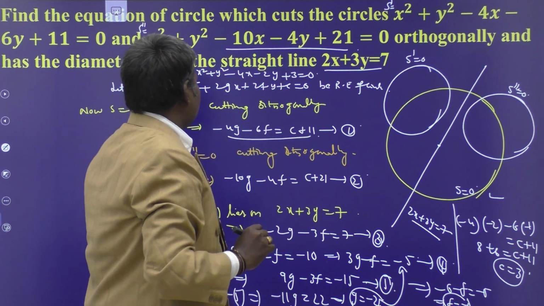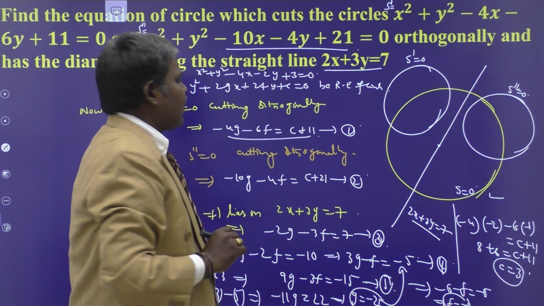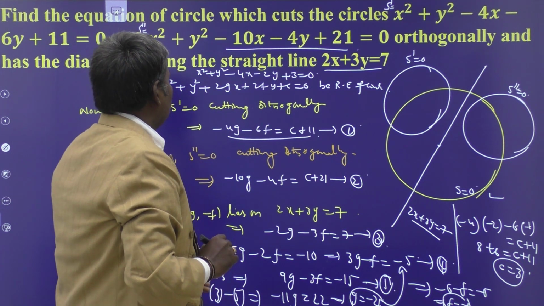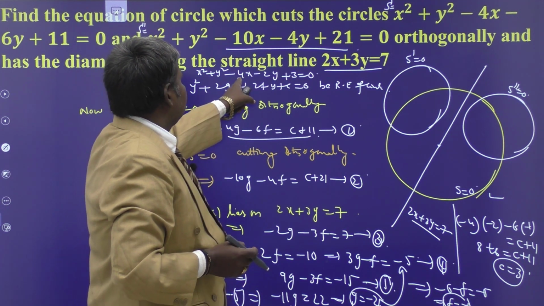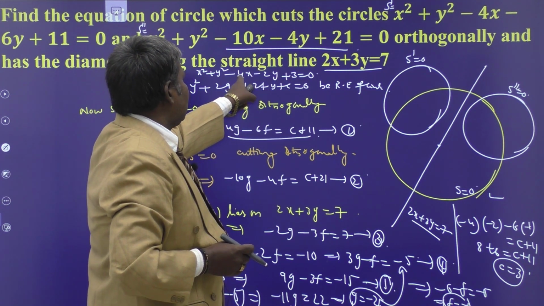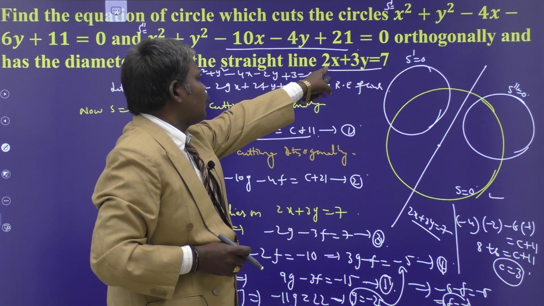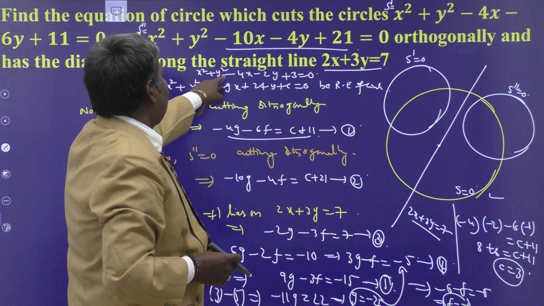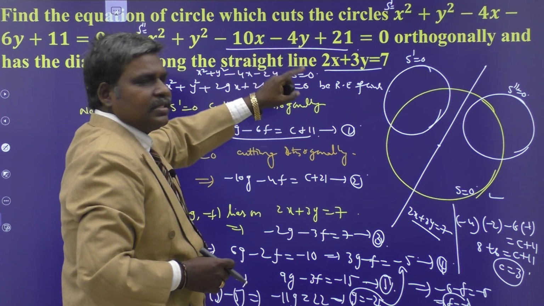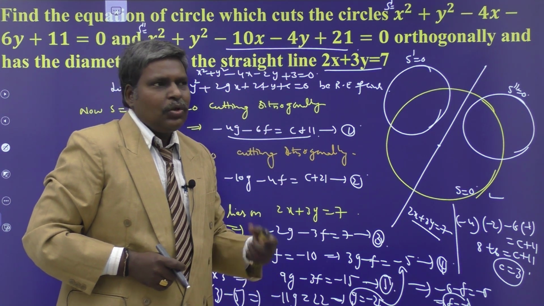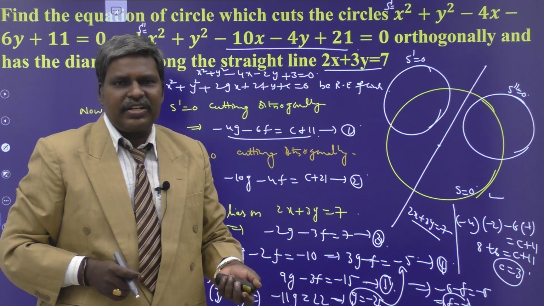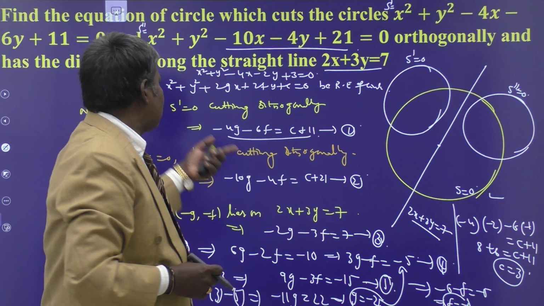So x square plus y square minus 4x minus 2y plus 3 equal to 0 is the required answer.